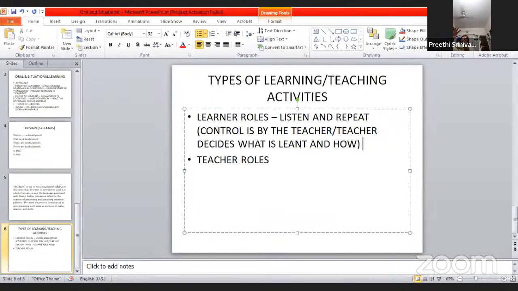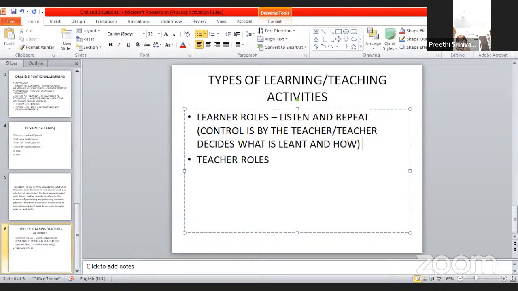Each and every student in the class will utter their introduction in that pattern. Good morning, my name is so and so. I come from so and so place. I am studying this. Okay, so those fixed structures are given. So the teacher control is there. That's what I'm trying to say.